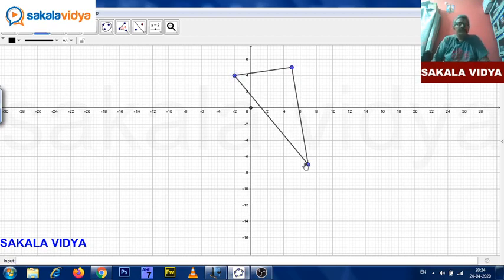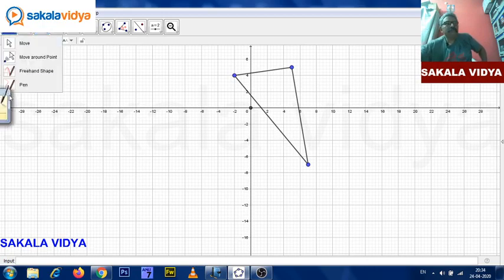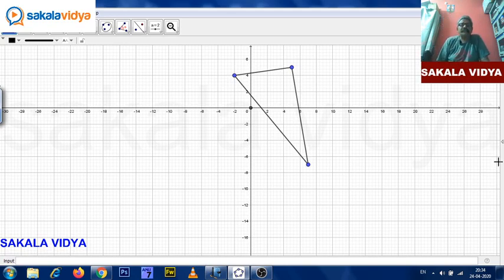You remember one thing here: even if the origin is shifted to any point, for example this, the area of the triangle will not change.